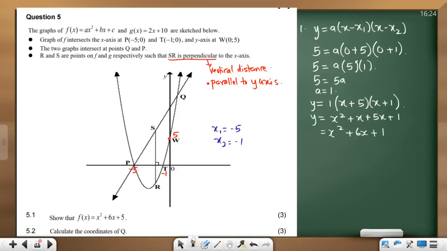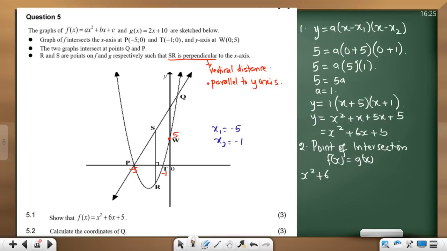3 important marks. Calculate the coordinate of Q. What do you notice? It's a point of intersection. What do we do? We equate the two functions. So f of x equals what? G of x. Come, let's work it out. Now we know our f of x, which I can pick from 5.1. x squared plus, sorry, why am I saying plus 1 here? 5 times 1 is 5.